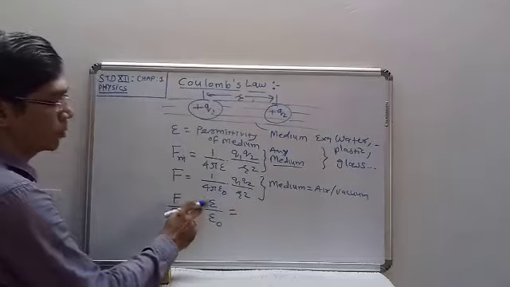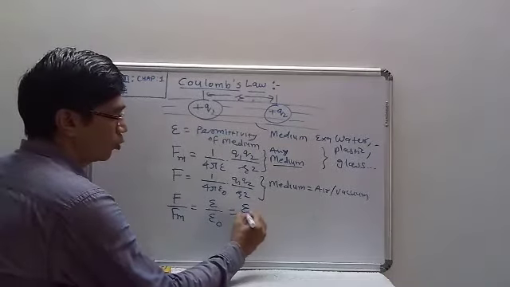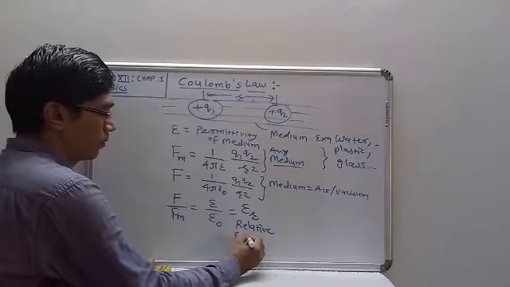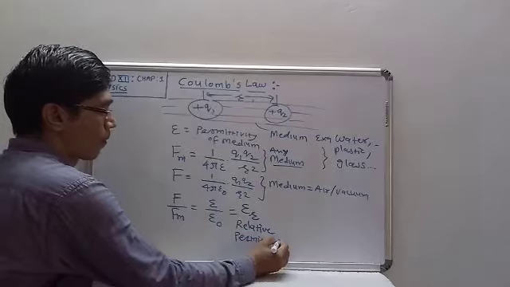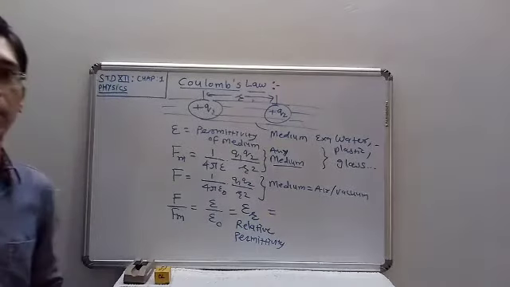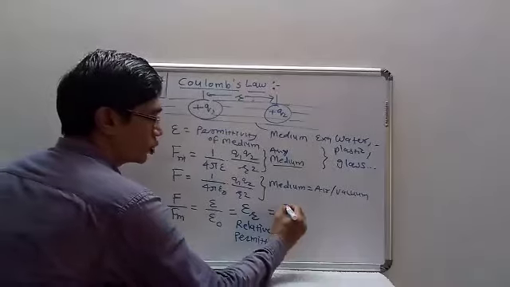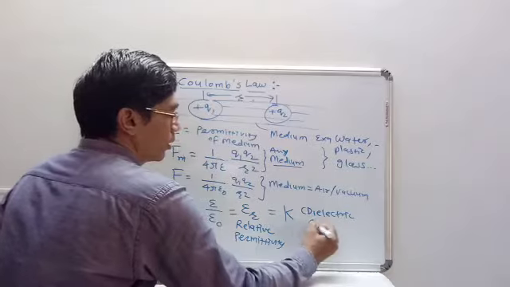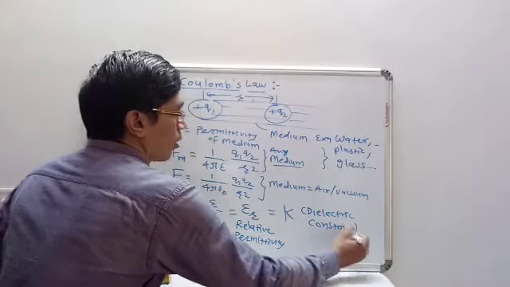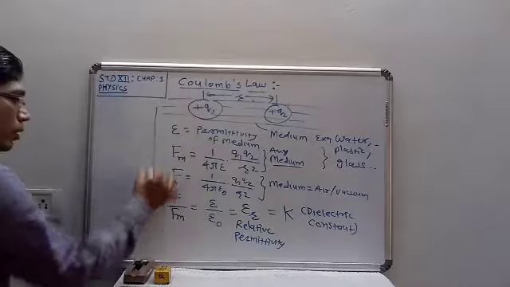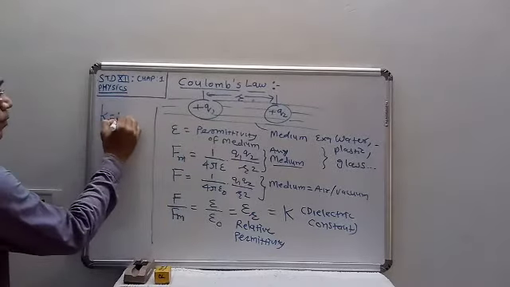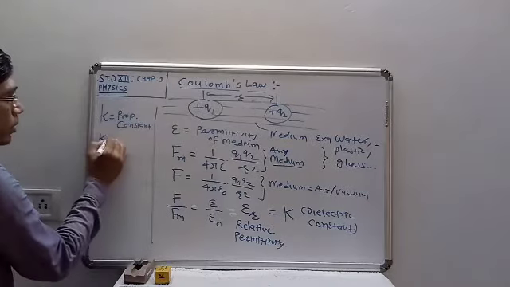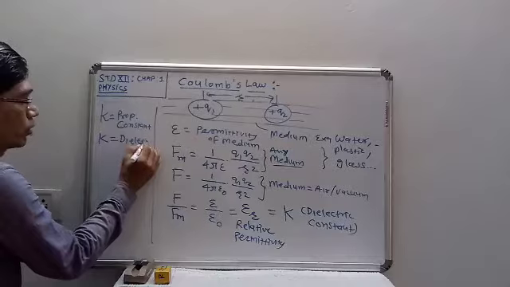This ratio of the permittivity is given by the relative permittivity, and this relative permittivity is known as the dielectric constant, capital K. Remember, small k is the proportionality constant, and capital K is the dielectric constant.